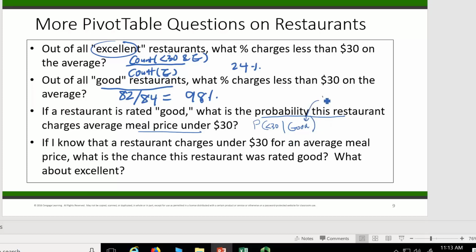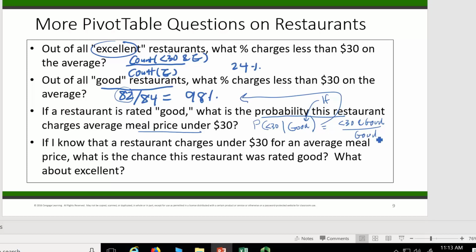So when we say if it's good, then that part, good, will be the given condition, and we're going to the right side. Here again, it's the same thing. We're saying 82 is less than 30 and good, and 84 was the good restaurants. So of course it's the same thing, 98%.